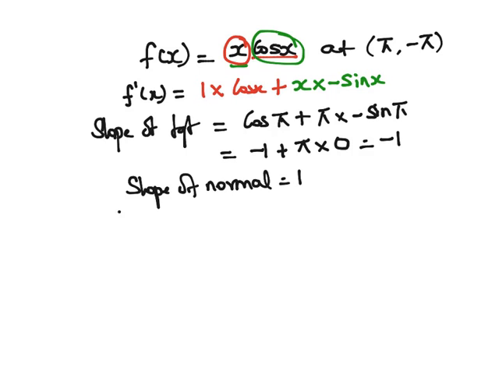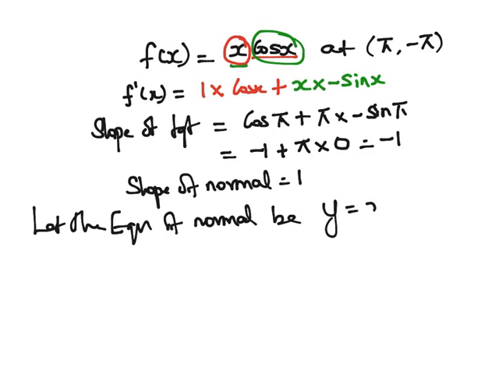So let the equation of the normal be y equal to mx plus c, so y equal to x plus c. Now let me replace x and y with pi and minus pi, so I get minus pi, y is minus pi, equal to x is pi, so pi plus c.